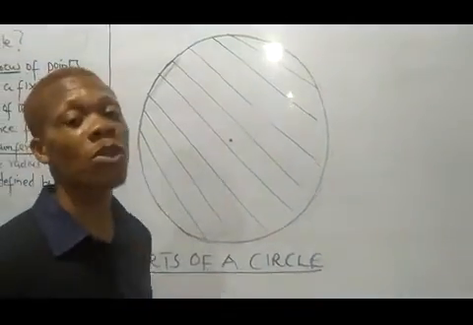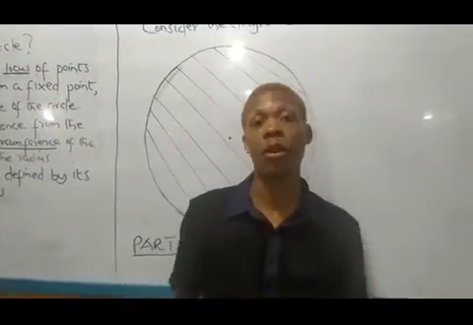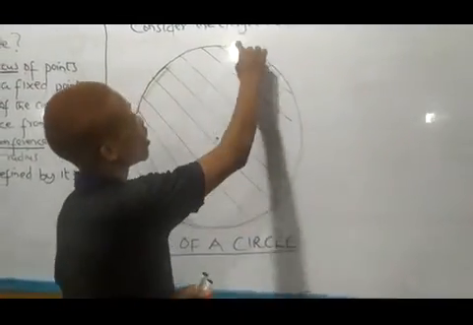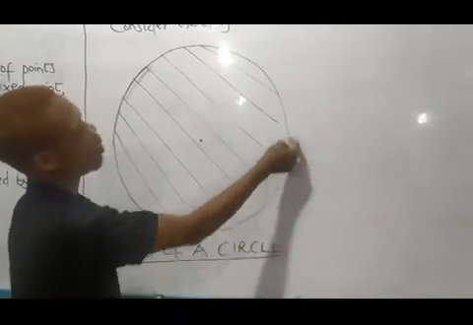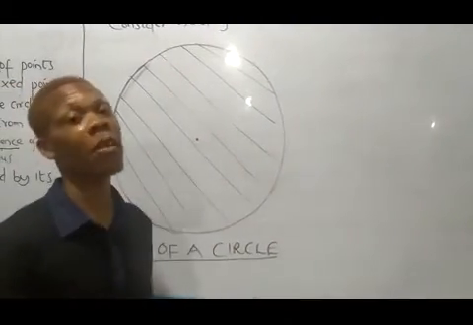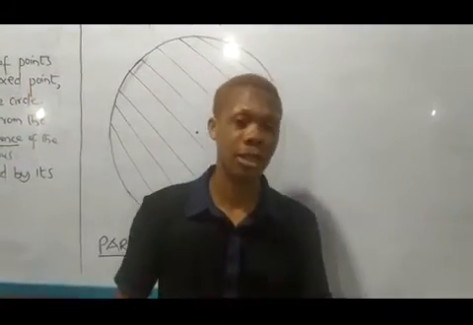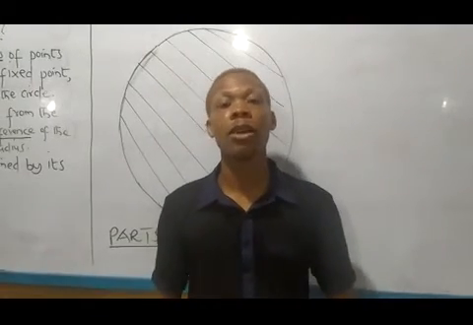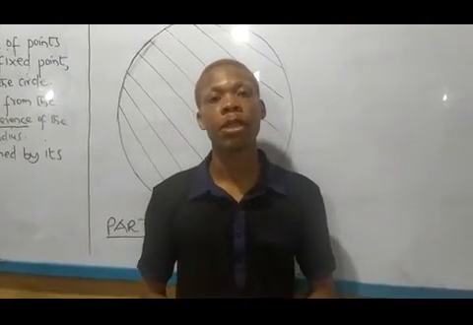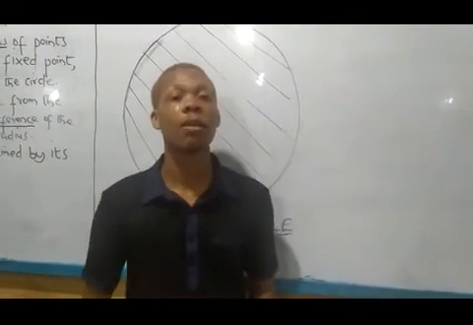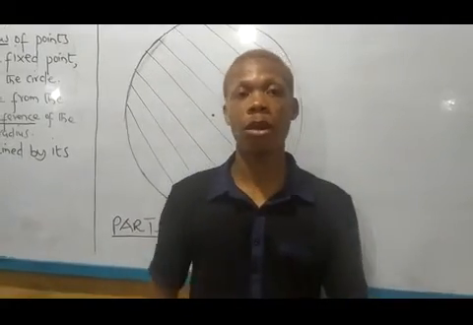The circumference of a circle is the perimeter of the circle.